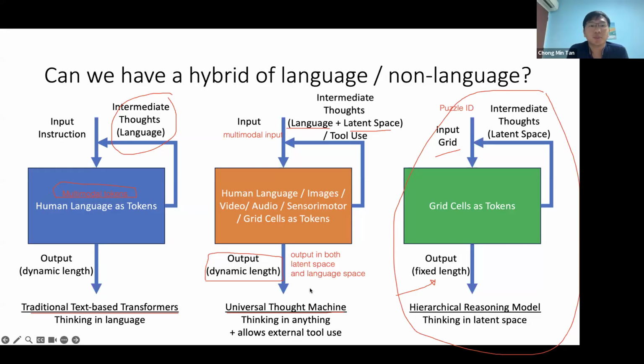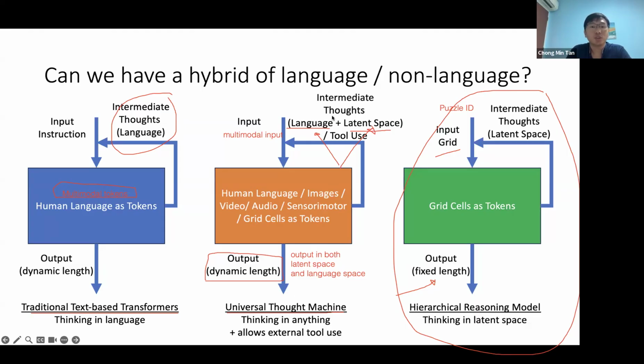The language and latent space might be fighting for the same representation. The latent space may not be as expressive as language in conveying information to us, but the language may also not be able to take in the representation of the latent space. If you output two different outputs, there will be some competition in terms of gradient flow, like what goes to language and what goes to latent space, and there might be some issues here.